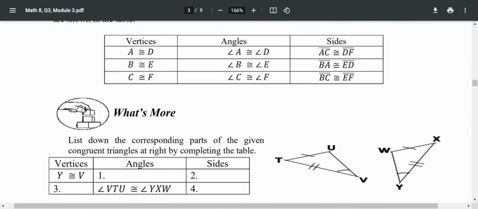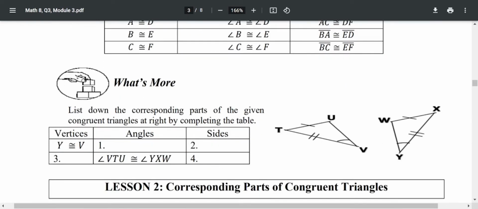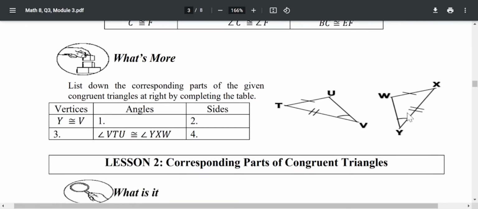So we have here, what's more, practice activities. So let's take a look at this one. List down the corresponding parts of the given congruent triangles at right by completing the table. So we are given two triangles again, triangle TUV and triangle WXY.